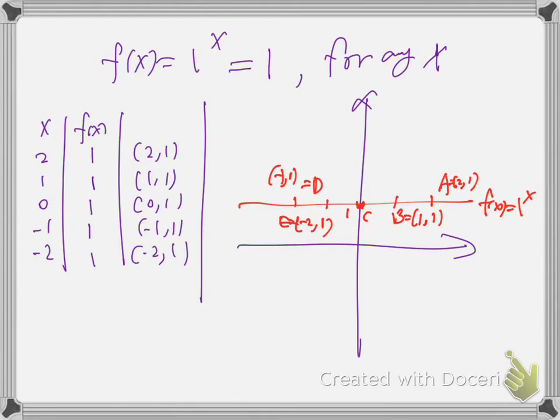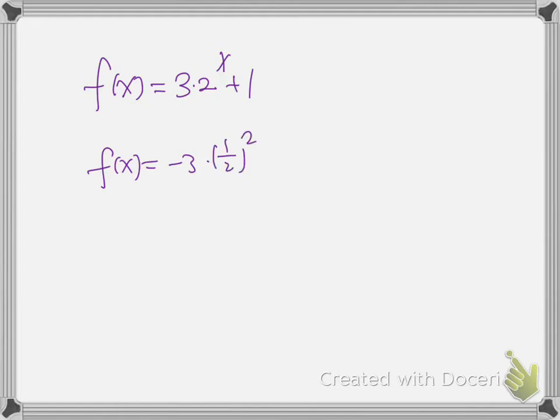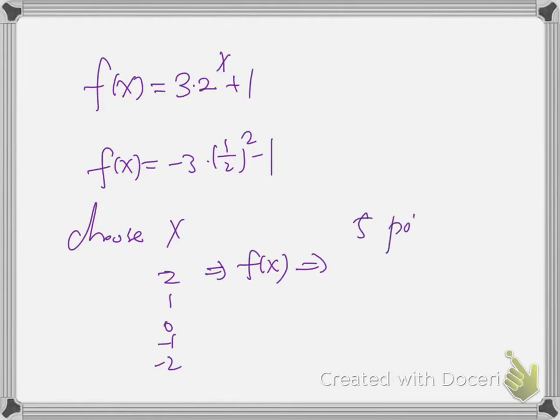When you practice online, you may have other, harder examples, like f of x is 3 times 2 to the x plus 1, or maybe f of x is negative 3 times (1 over 2) to the x minus 1. We always choose x to be 2, 1, 0, negative 1, negative 2, and then we find f of x and find 5 points.